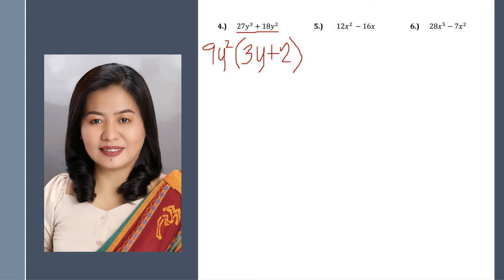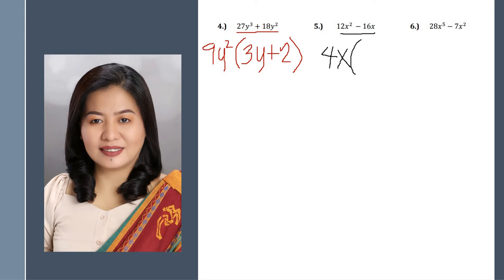Okay, so number 5 would be 12x squared minus 16x. So we start with the numerical coefficient. The common factor of 12 and 16 is 4. And x squared and x, so we have an x here. And we divide the terms by the common factor.